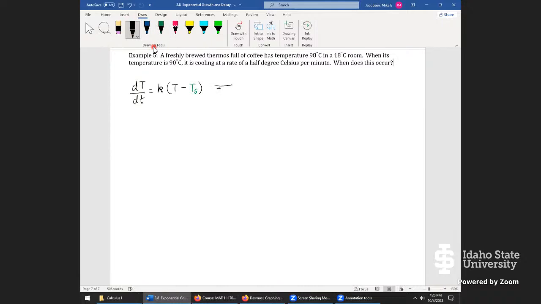And this equation is intricately tied to its solution, which goes temperature at time t equals an initial temperature minus a surrounding temperature, and I want to keep this color coding the same.